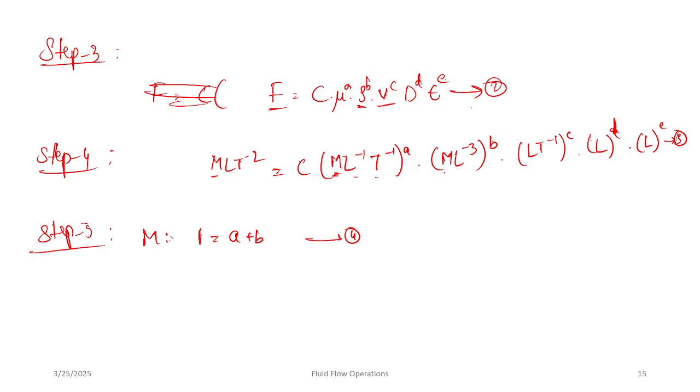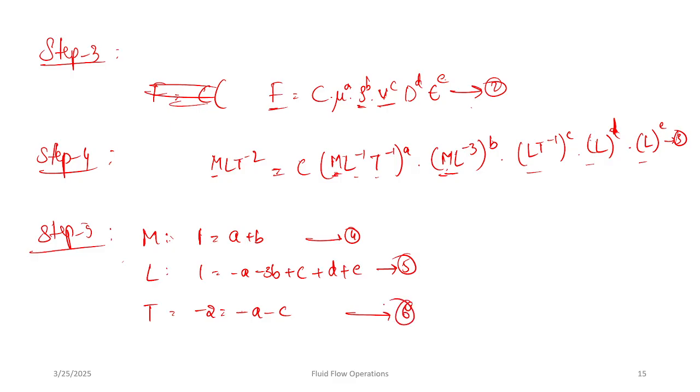Here we have mass, here we have mass, and other quantities don't have mass, so it will be A plus B. And if you compare L terms, it will be 1 is equal to minus A, then minus 3B in this term, and then plus C, plus D, and then plus E. So this will be equation number 5. And then if you compare T, you'll get minus 2 is equal to minus A minus C. This is equation number 6.